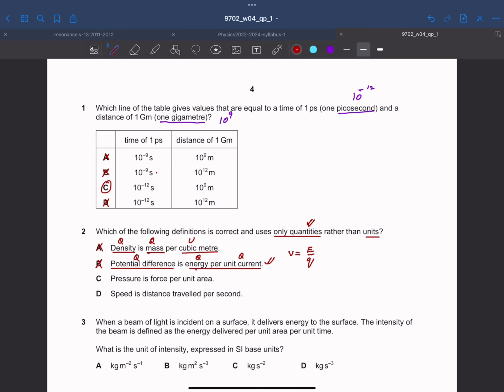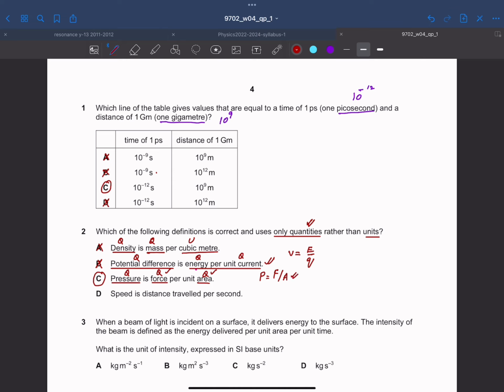So be careful. Then in C, pressure is force per unit area. Force is a quantity and area is also a quantity, and you know that pressure is equal to force per unit area. So this is our correct answer, because both the terms we are using are quantities, and we have the correct definition as well.